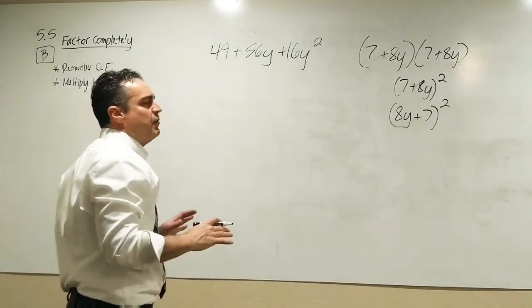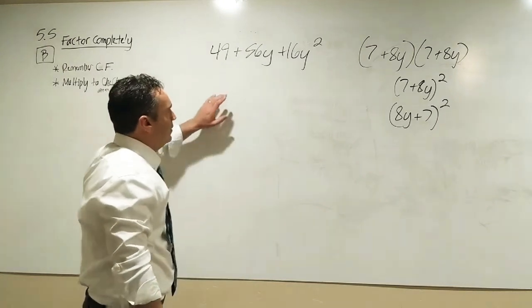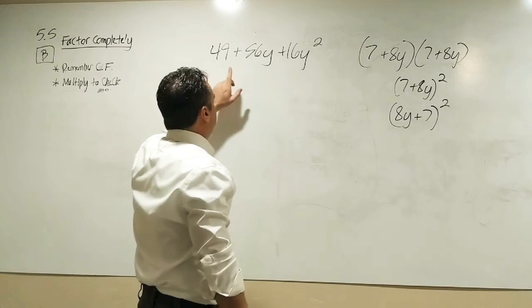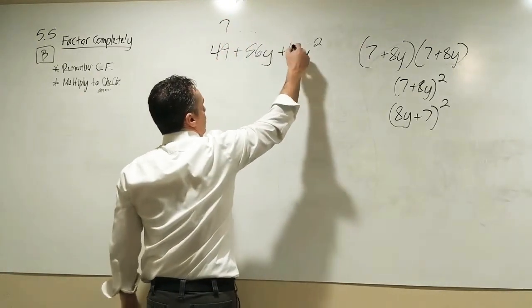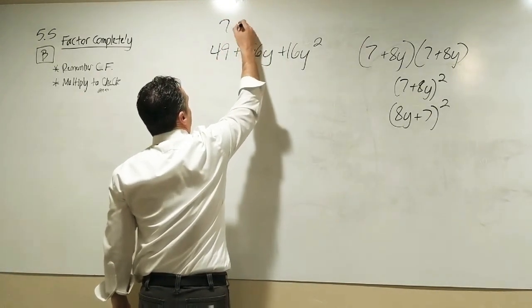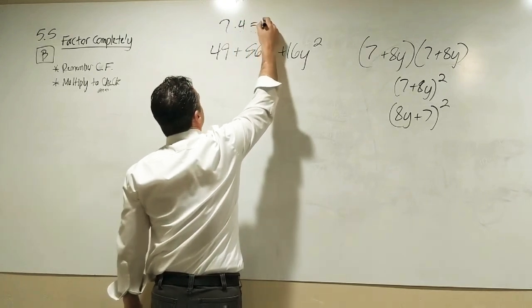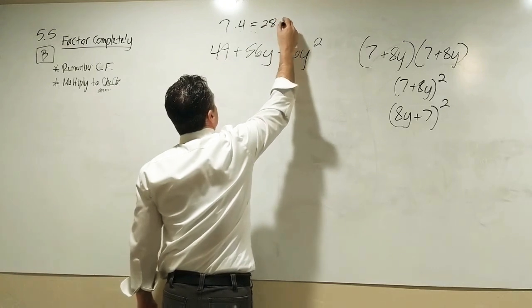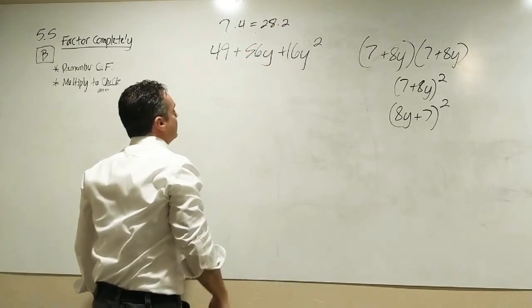But if you don't memorize the shortcut, okay, remember we talked about that's an easy one if they're both plus. But the other thing was this. Square root of 49 was 7, and the square root of 16 is 4, and 7 times 4 equals 28, right? And 28 times 2 equals 56, okay?